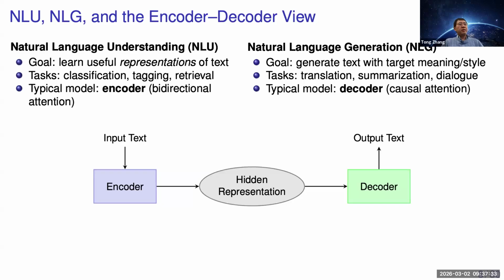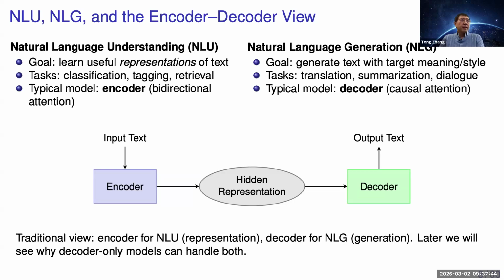Input text goes to the encoder. If you ask people 5 years ago, this is the picture people would have. But later we will talk about why decoder-only models can handle both. This came actually as a surprise, after ChatGPT, so starting probably in 2022, 2023. At that time people realized the decoder model can.